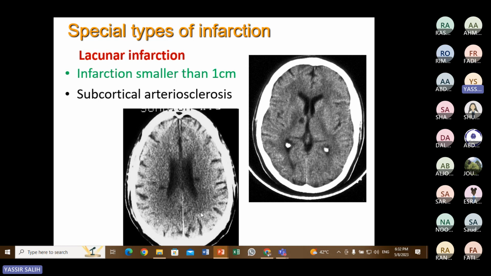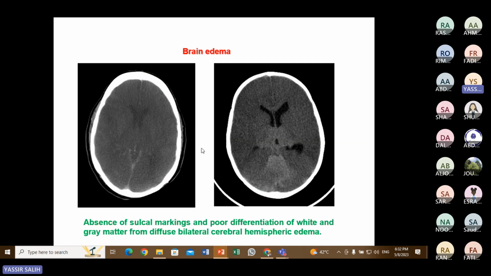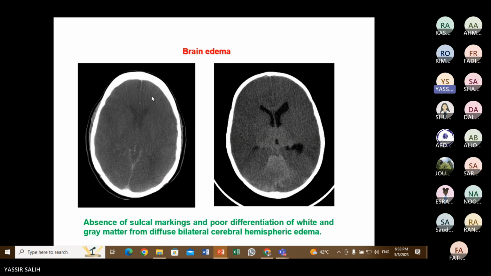But in generalized edema we are not able to differentiate between the gray and white matter. We don't know where the gray and white matter end. The area separating the gray and white matter is lost. So there is poor differentiation between white and gray matter.